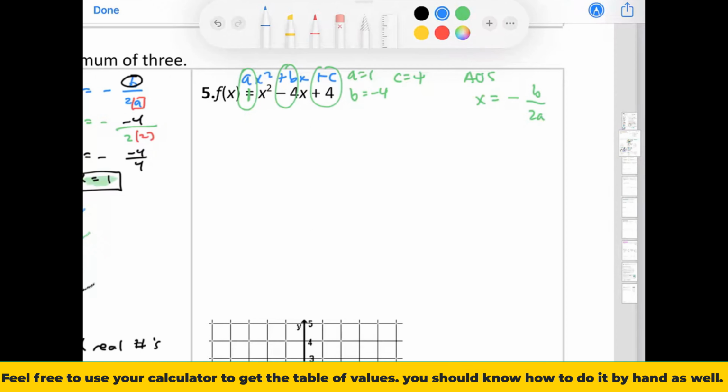My a value is 1, and my b value, negative 4. Okay, let's simplify this. So negative 4 divided by 2 is negative 2, and the opposite of negative 2 is positive 2.